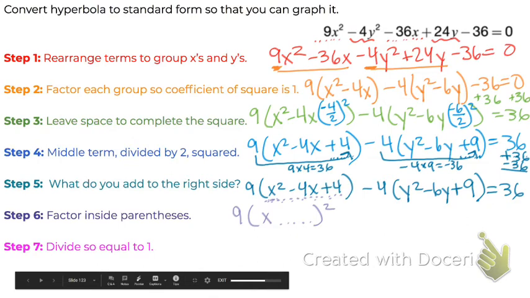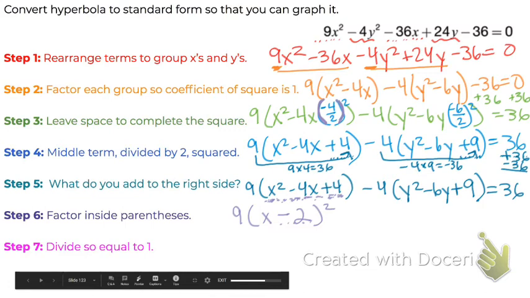You could say what two numbers multiply to give us the last number, add to give us the middle number. But I'll give you a shortcut. If you go back up to step number 3, what you got when you took that middle number and divided by 2, that's what goes inside the parentheses. Negative 4 divided by 2 is negative 2. This is the same as x minus 2 squared.